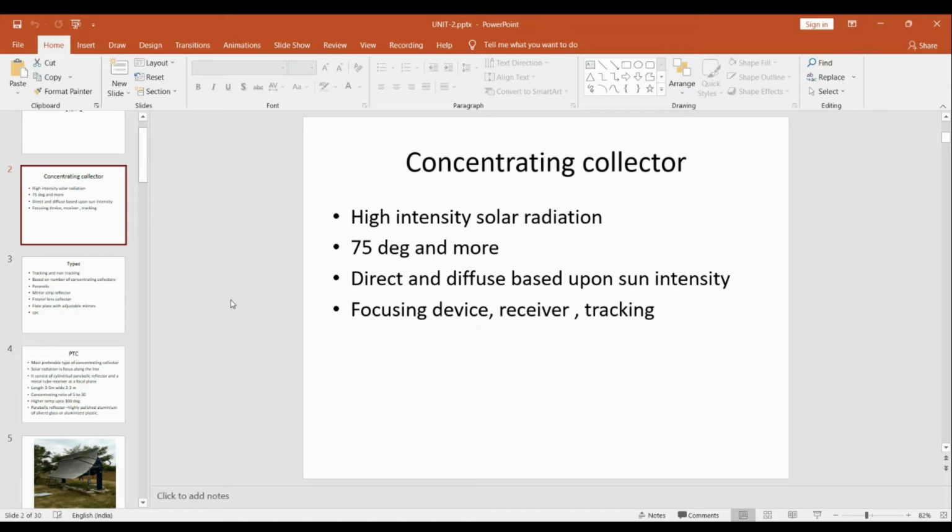Based on the movement of the sun, the collector also will rotate, right? So that is the use of the concentrator. The receiver is nothing but it receives the heat, the radiation, and because of receiving the radiation, the working fluid or the thermal fluid will get heated and we will use it for the application. Okay, right.